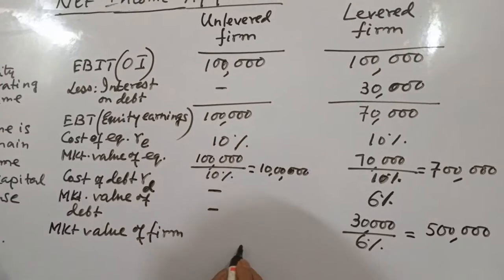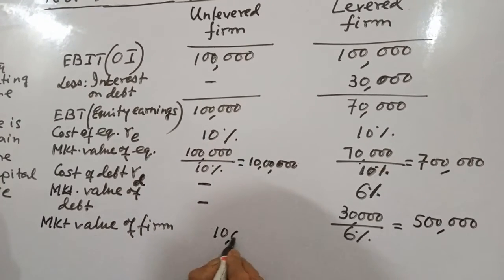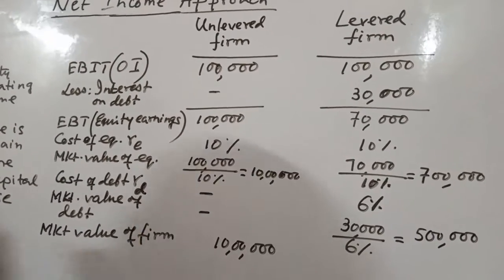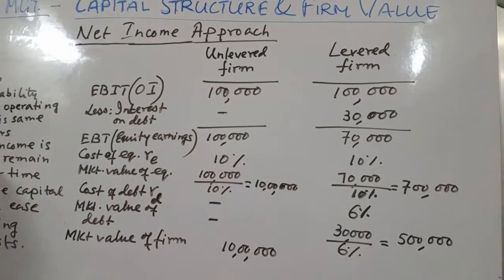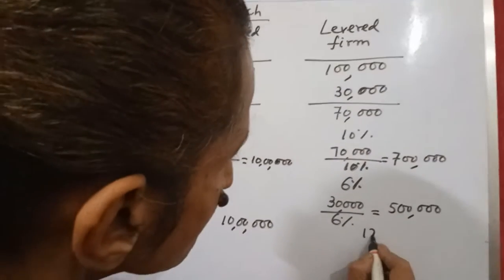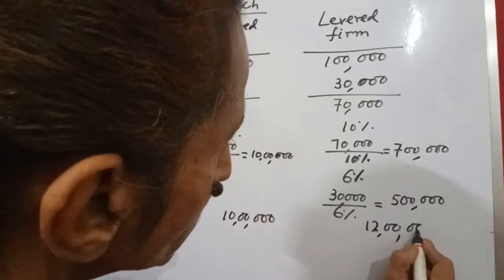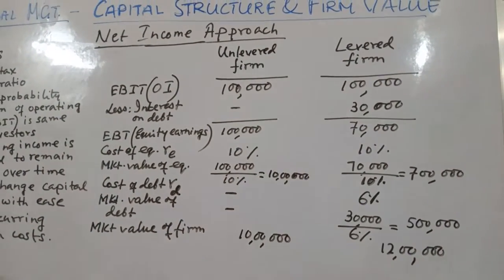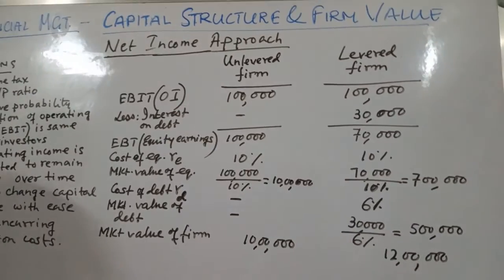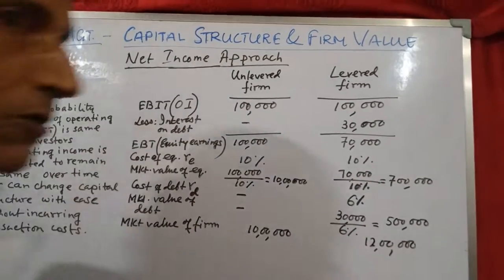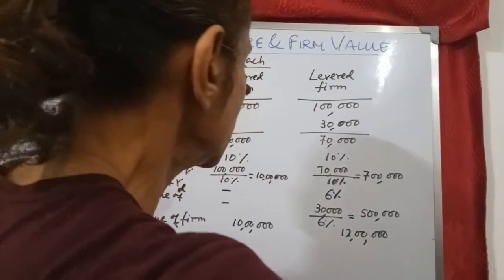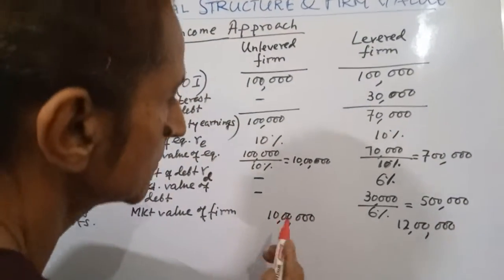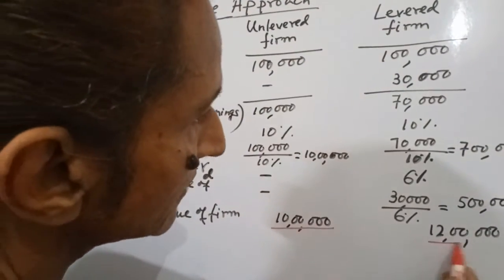So here this is 10 lakh and here it is 12 lakh. So we can see that the market value of the levered firm is more than the market value of the unlevered firm.